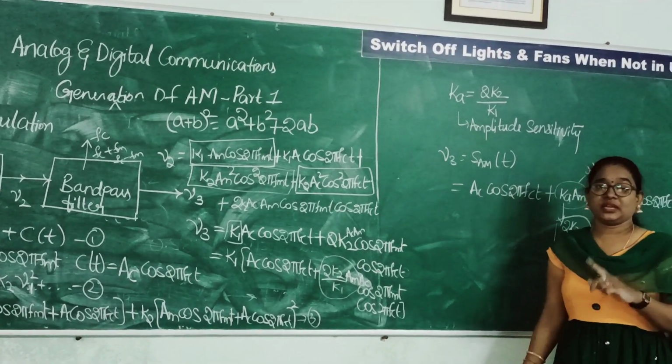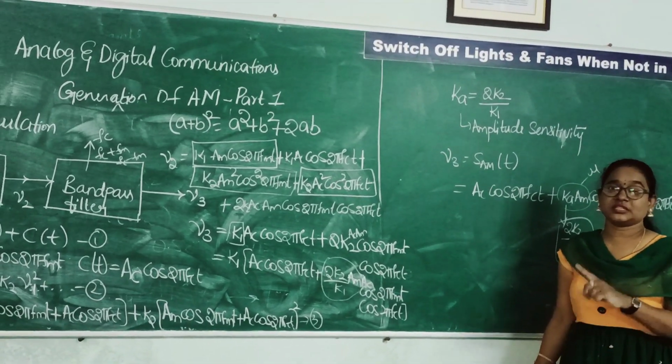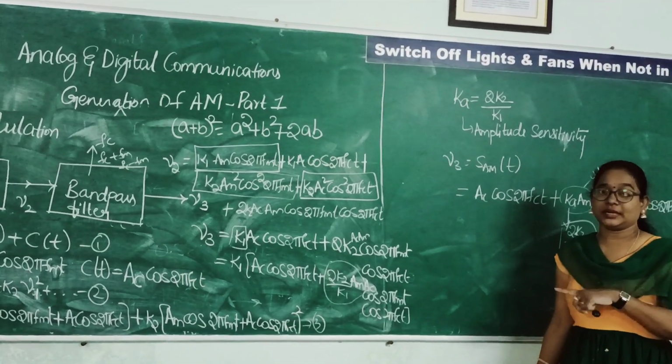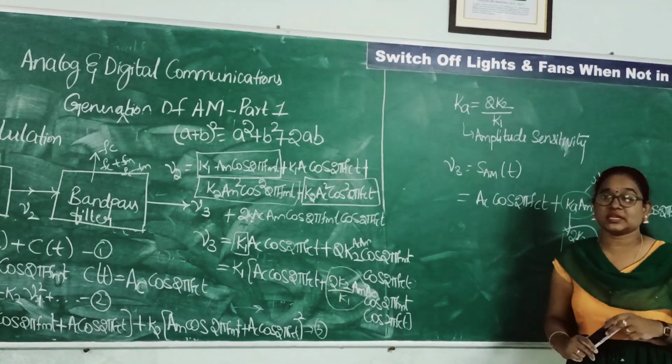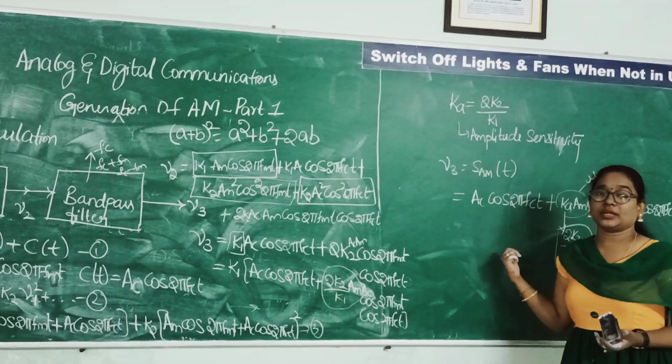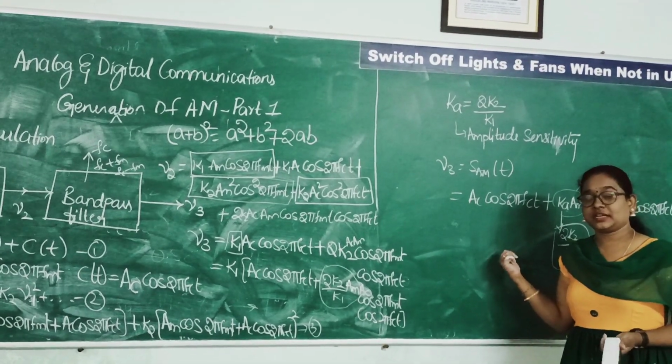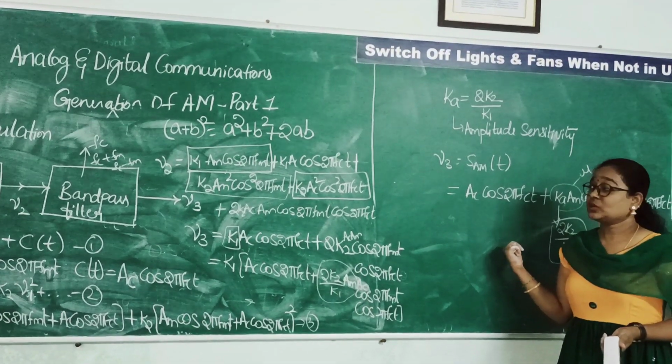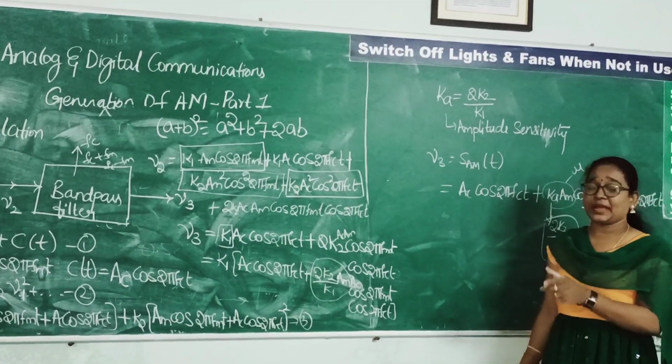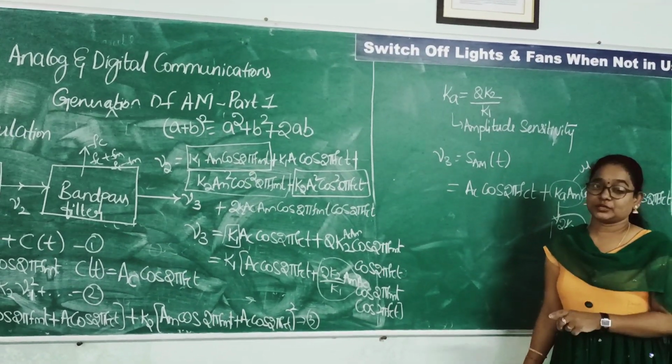Now with this we generated the amplitude modulation using a square law modulator. In the next sessions I am going to discuss the switching modulator, and then the square law detector and envelope detector. So I hope you all understood the simple way of generating amplitude modulation.